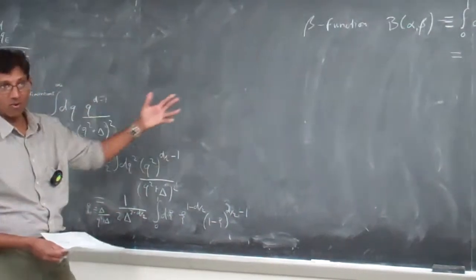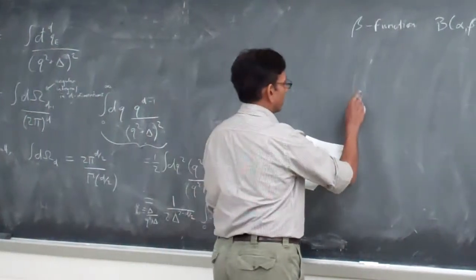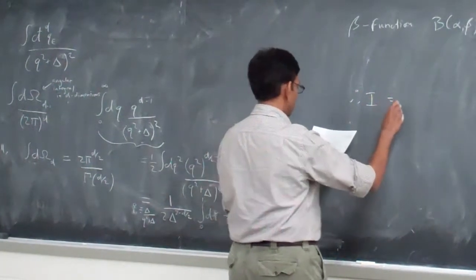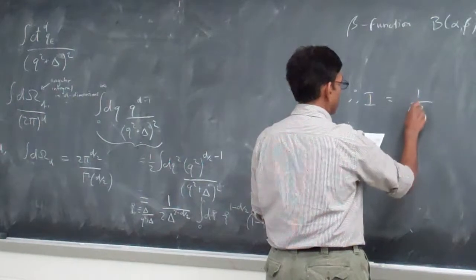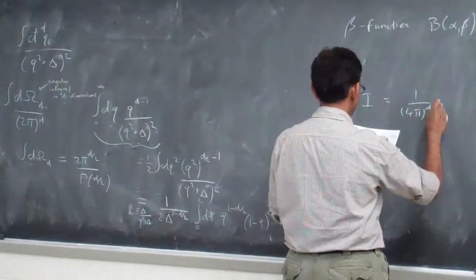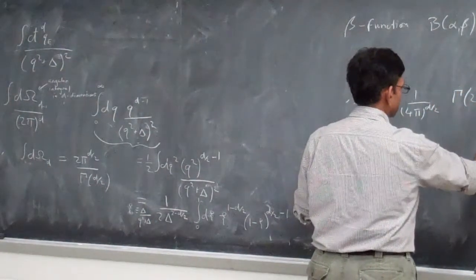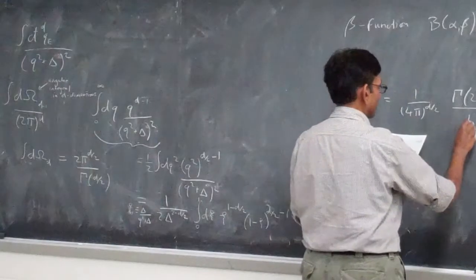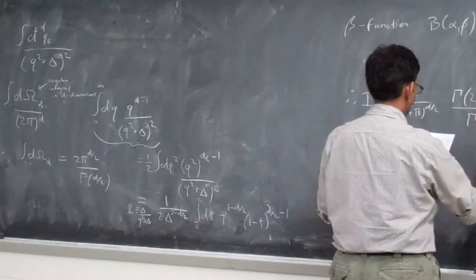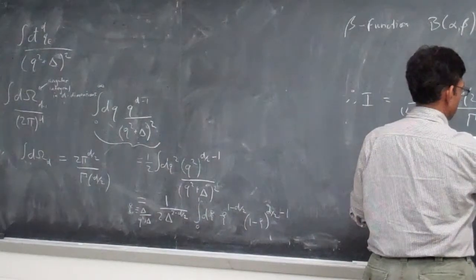And now, at least in terms of gamma functions, we've written everything. And so therefore, I is equal to 1 over 4 pi to the d over 2, check, and then gamma of 2 minus d over 2, over gamma of 2, times 1 over delta to the 2 minus d over 2. Some of these gamma functions cancel between the angular integral and the radial integral.